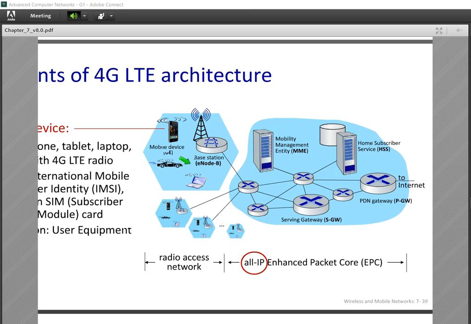In LTE technology, we call it E-node-B. We call the mobile device UE in LTE. These terms are specific to LTE technology, so please be careful about this. The base station is E-node-B.